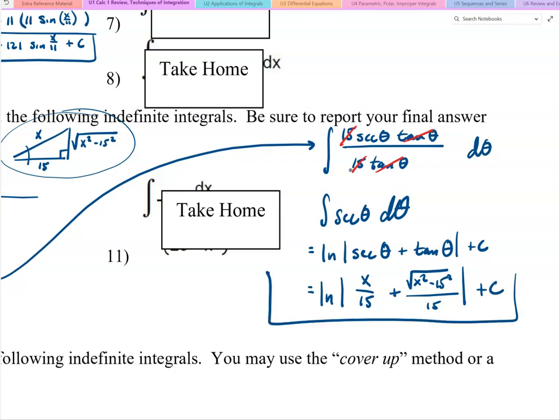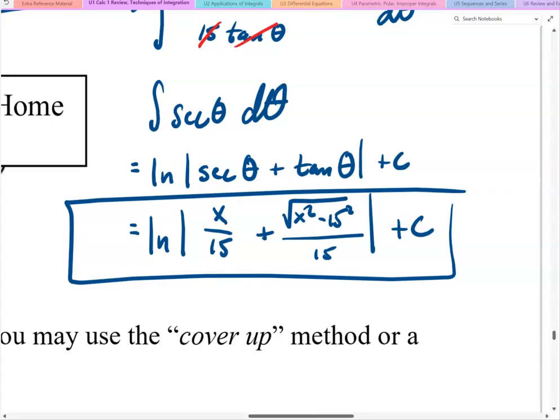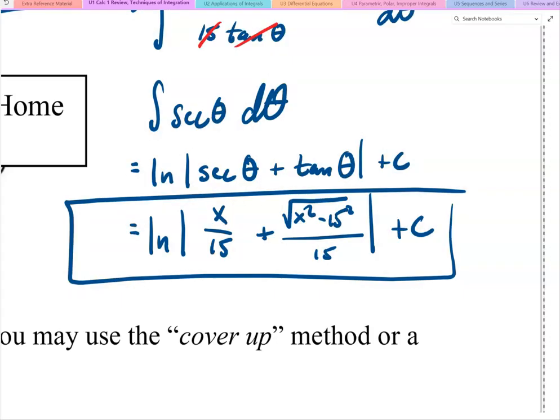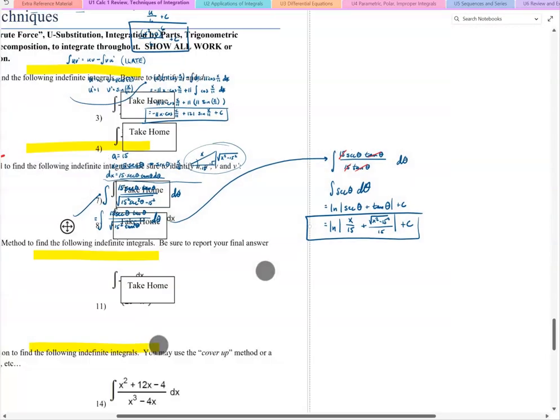Retain the constant of integration, and now we have our antiderivative in the original variable. I would leave that as it is. I wouldn't bother combining these fractions into a single one even though they have a common denominator, and I wouldn't simplify the 15 squared to 225.